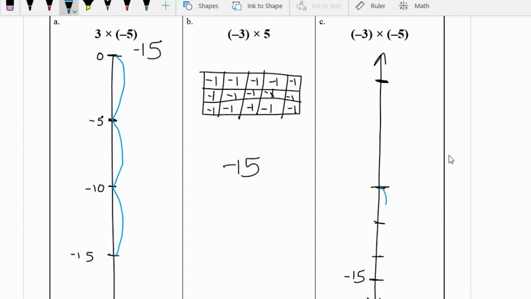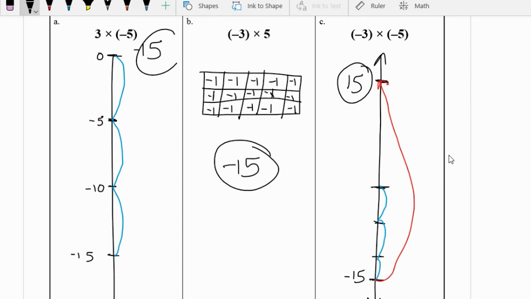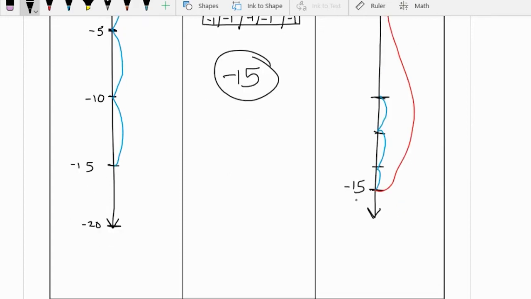So we're going to go 1, 2, 3. So 3 groups of -5. And then we're going to take the exact opposite. We're going to go all the way across 0 to get up here to positive 15. Does that make sense, guys? So what this is saying is the opposite of 3 times -5.